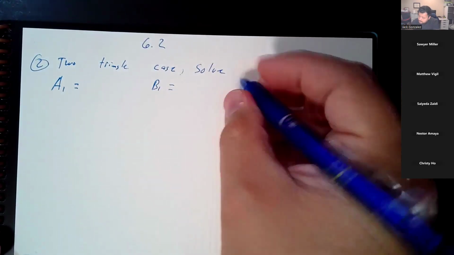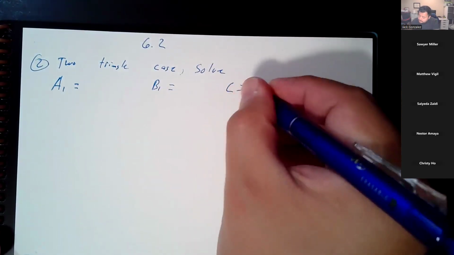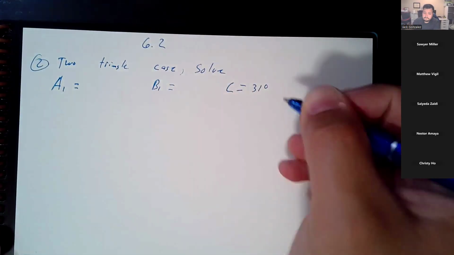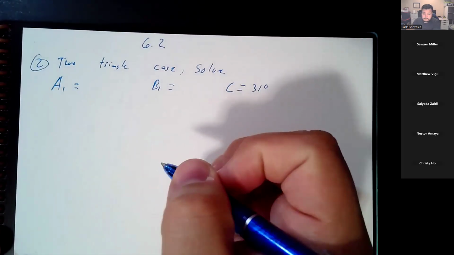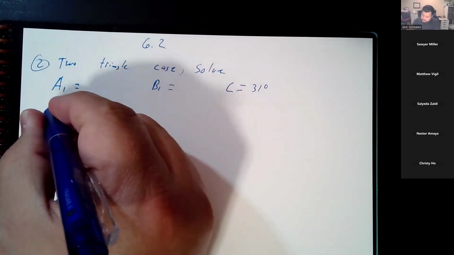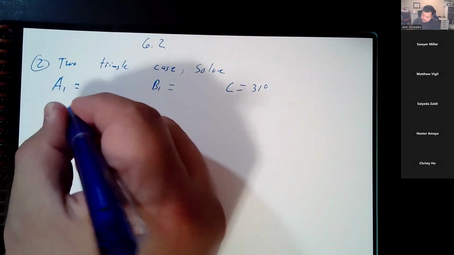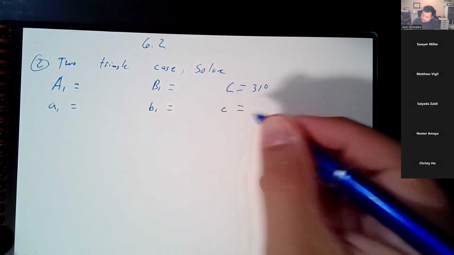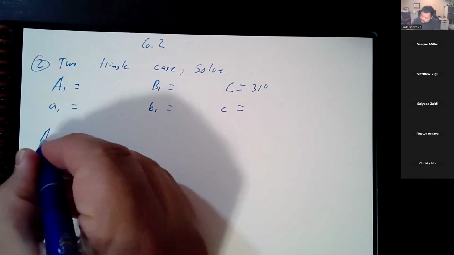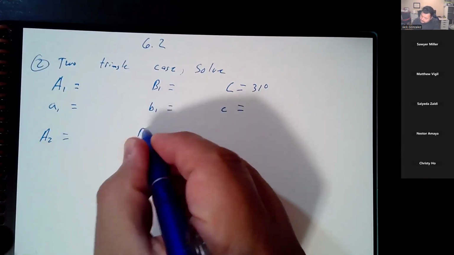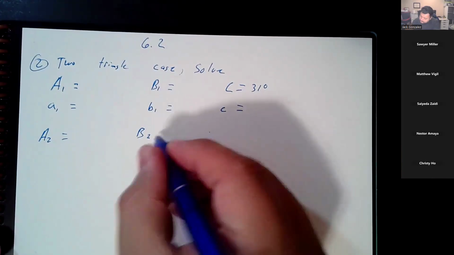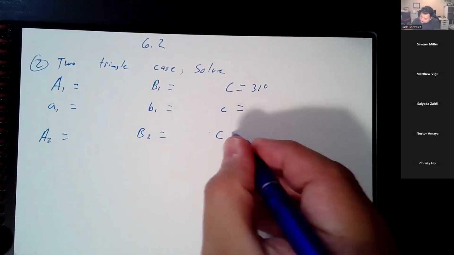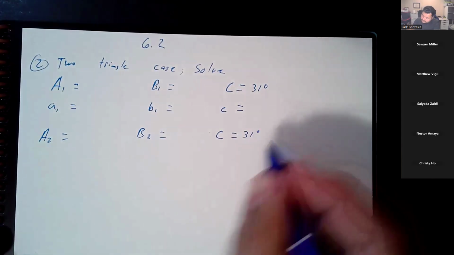We don't have those. C will be the same for both triangles. A1, B1. C will be the same. We have an A2, a B2, and the C, the same still.